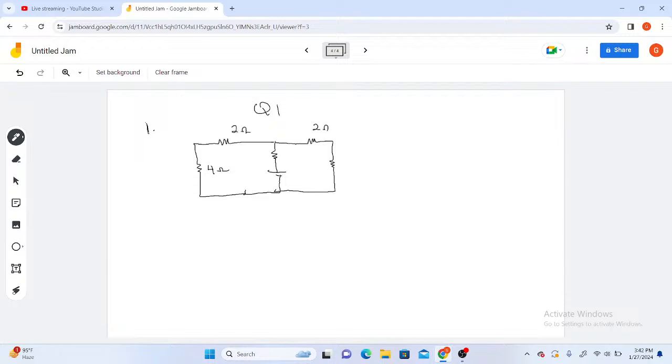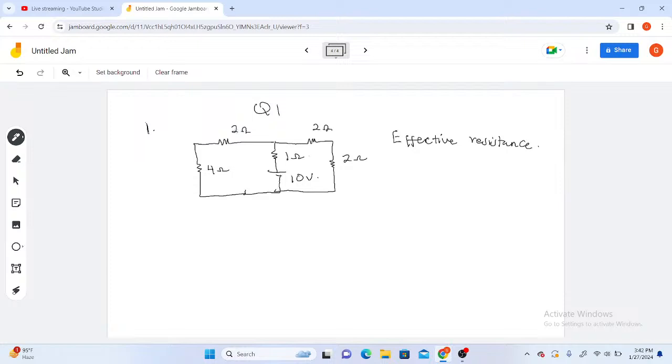Then I have this to be 2 ohm as well. Then this to be 2 ohm, then 1 ohm. And I have a 10 volt source here. Now we are to find the effective resistance of this circuit. So there's the question. We have to find the effective resistance of this simple circuit here.